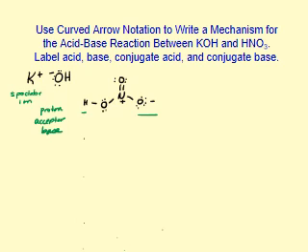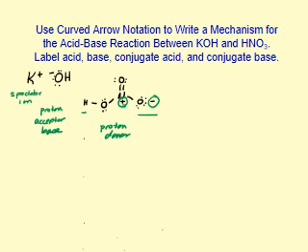And so technically one could originally think that maybe it could act as both. However, of course, this negative charge is offset by this positive charge here. So more than likely, it's going to act as a proton donor.